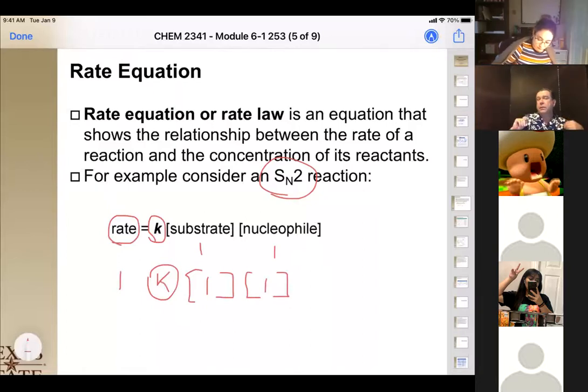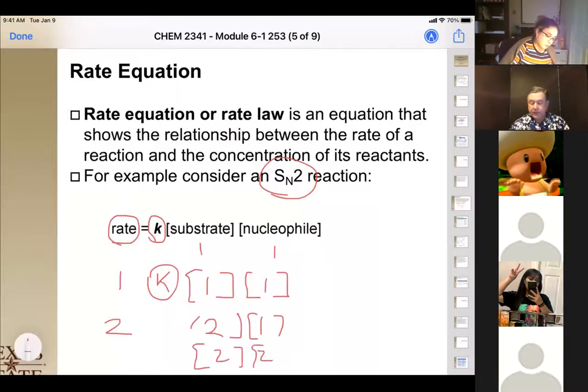But if concentration depends on the rate, if we increase the concentration of one of the reactants right here, we're going to double the rate. And if we increase the concentration of both reactants, we're going to quadruple the rate. So that's the importance of this rate law equation, and that's the importance of concentration on the rate of a reaction.